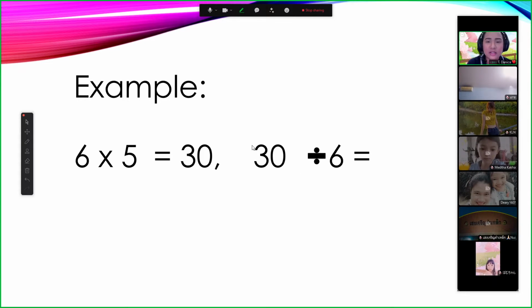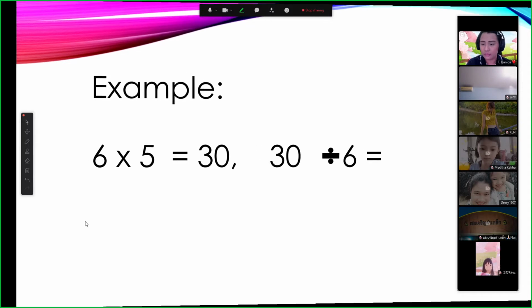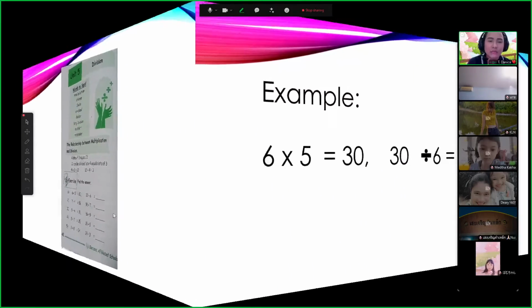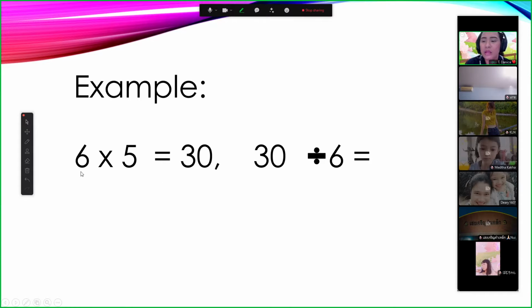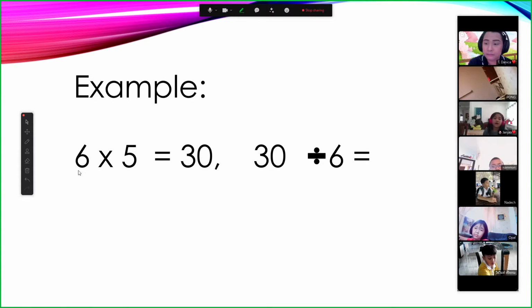Is it correct? This is number 1 or not? Yes, it's 6 times 5. Okay, everyone, let us read. 6 times 5. You can turn on your microphone. 6 times 5.